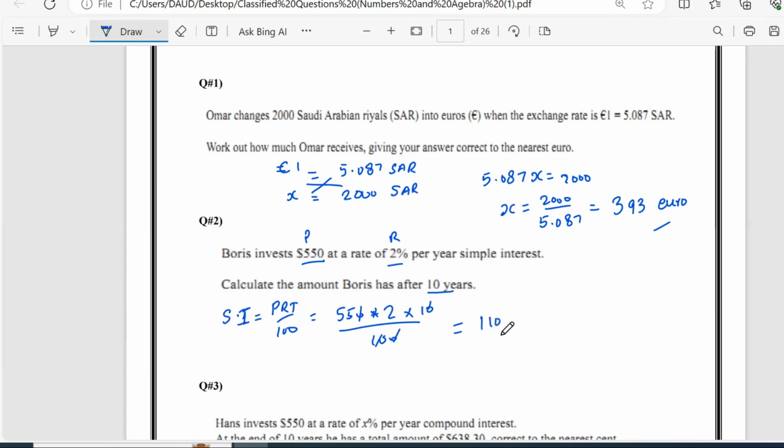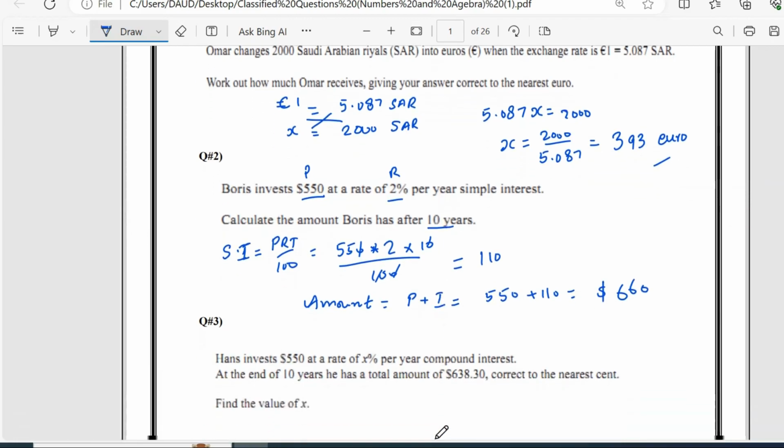So this is the interest Boris will get after 10 years, but they want the amount. So our total amount is equal to principal plus interest. The principal amount is 550 plus 110, which is equal to 660. That is the total amount Boris has after 10 years.